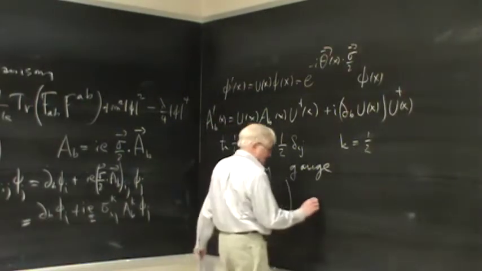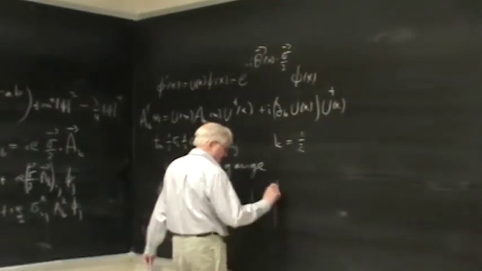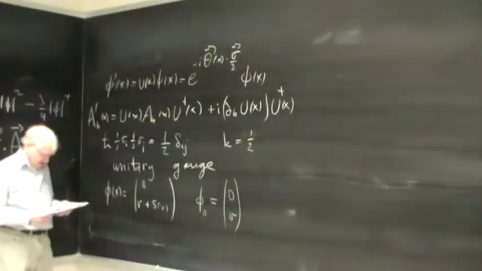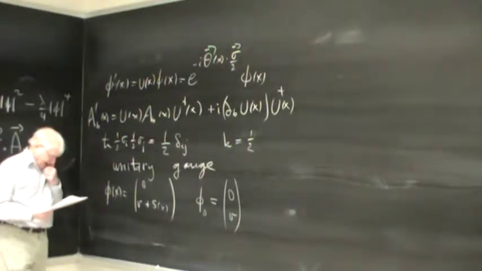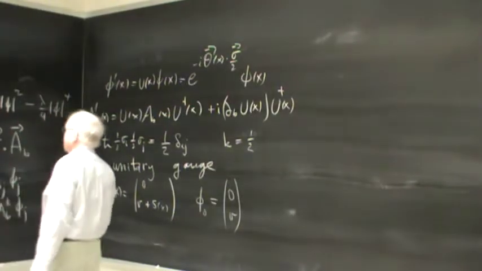And we'll say the vacuum value in this unitary gauge is just (0, v), v being a constant. And we can figure out what v is.